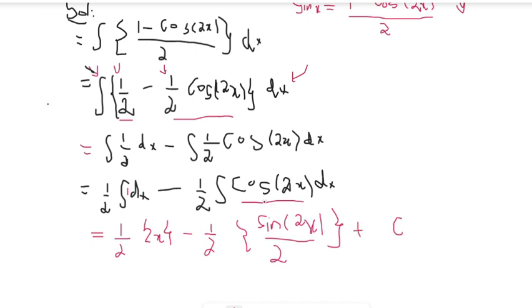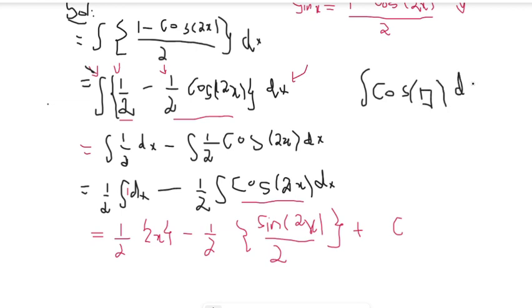If you are confused about the integration of cos 2x, let me show you the direct trick. Whenever we have cos of anything, I just use this box here, so you may read it as cos of box.